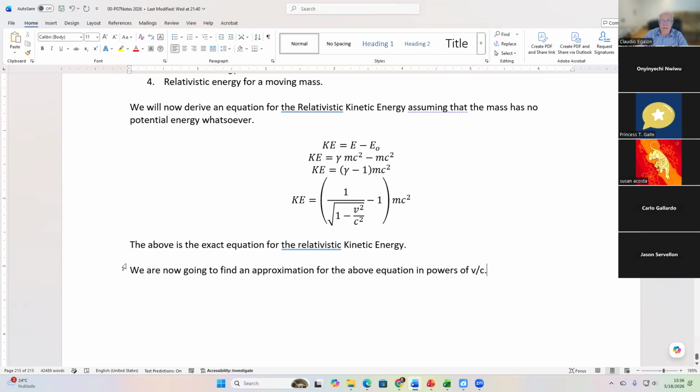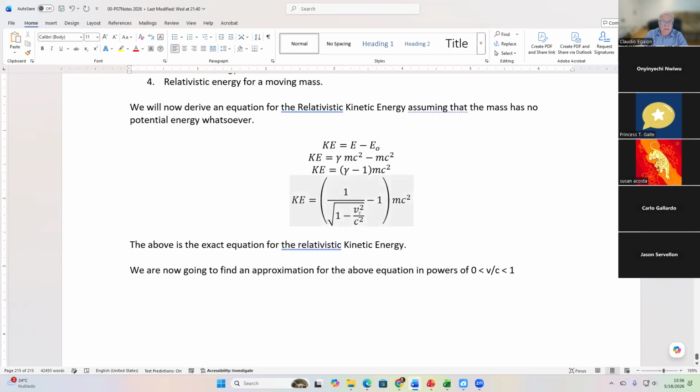Notice that v over c is always less than 1, and greater or equal than 0.